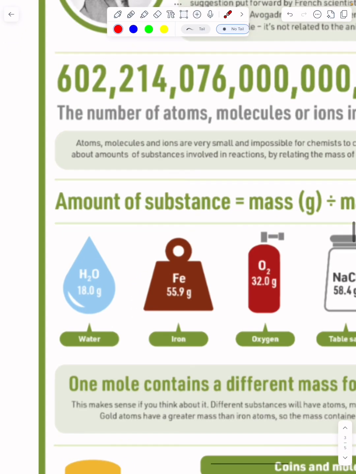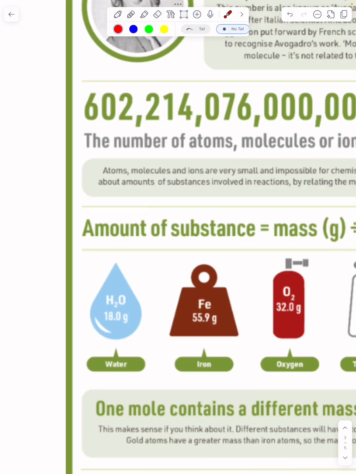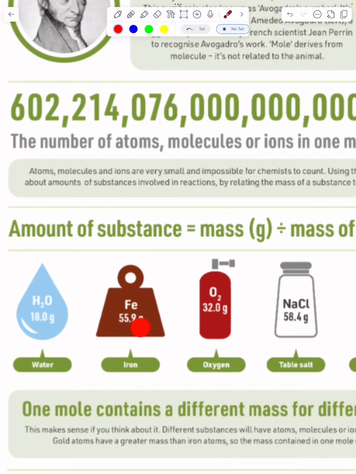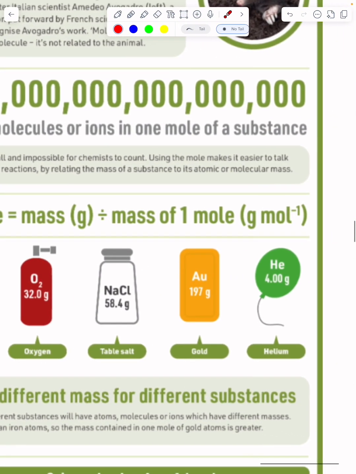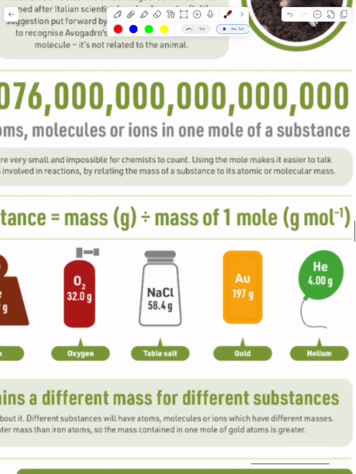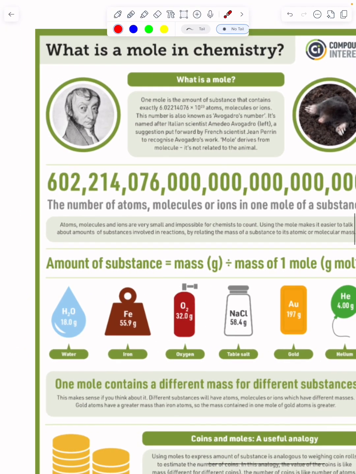As you can see here, 1 mole of water weighs 18 grams. 1 mole of iron weighs 55.9 grams. And we've got different masses for a mole of everything over here.